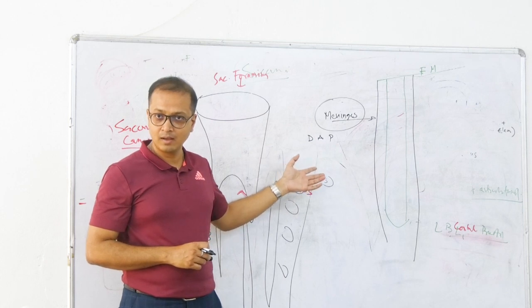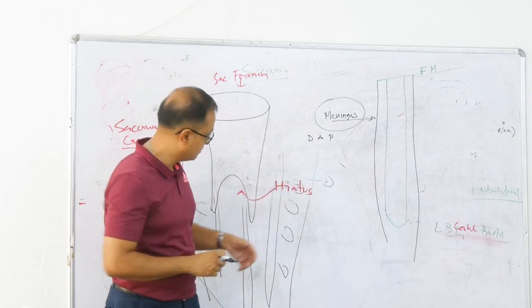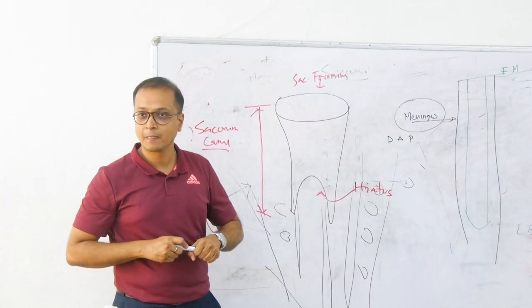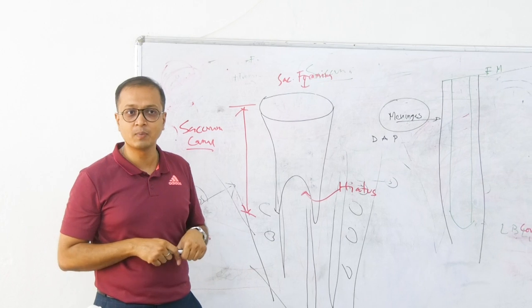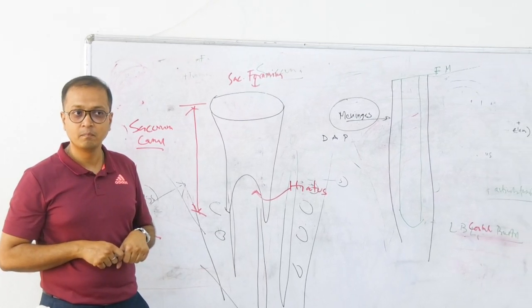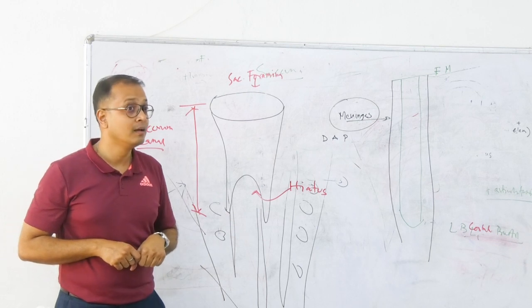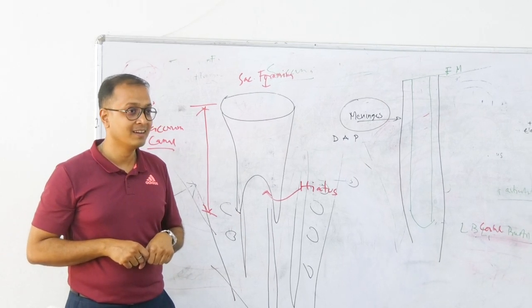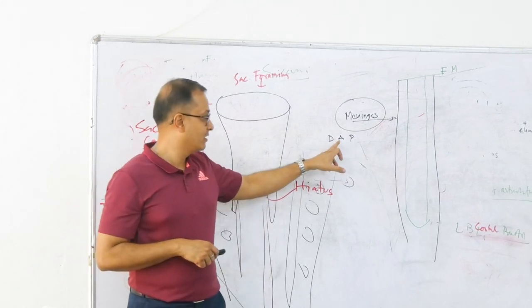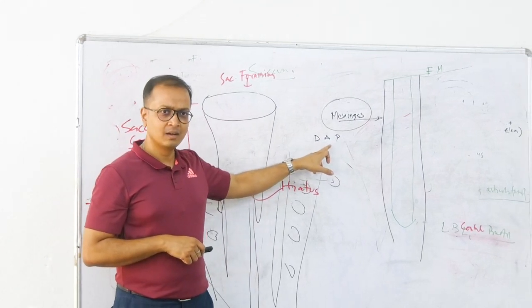Dura, arachnoid, pia. Alright, so where is the subarachnoid space? Where is the subarachnoid space? I'm changing. Yes, sir.